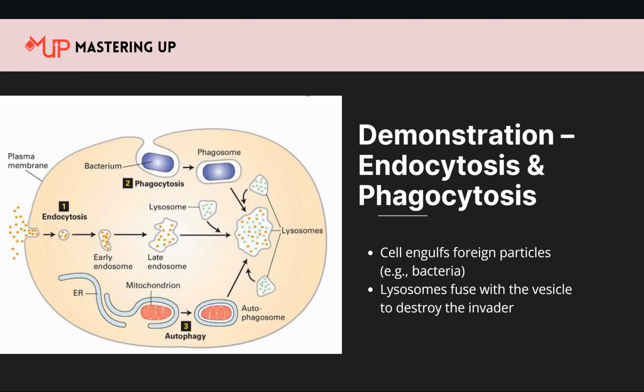Now let's see endocytosis and phagocytosis in detail. In the illustration, you can see three processes involving lysosomes. First one is endocytosis, where you can see small particles entering the cell, which is surrounded by a vesicle initially, and then later it forms an early endosome, which later forms a late endosome.